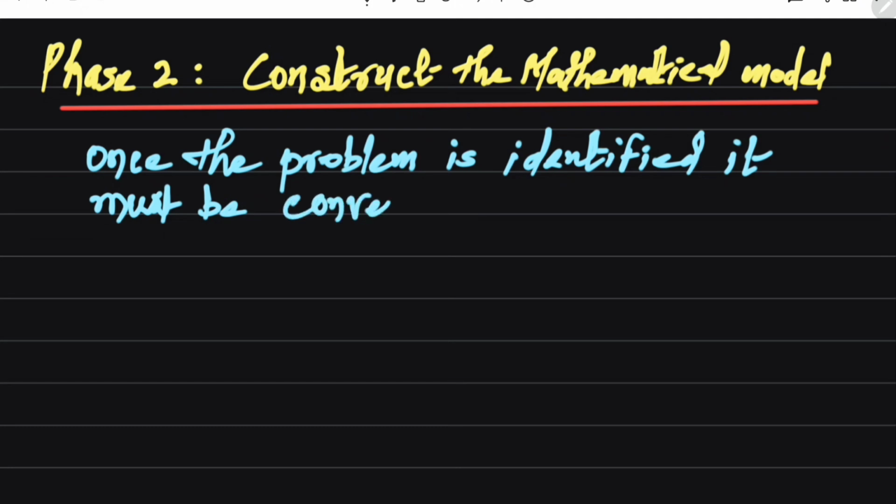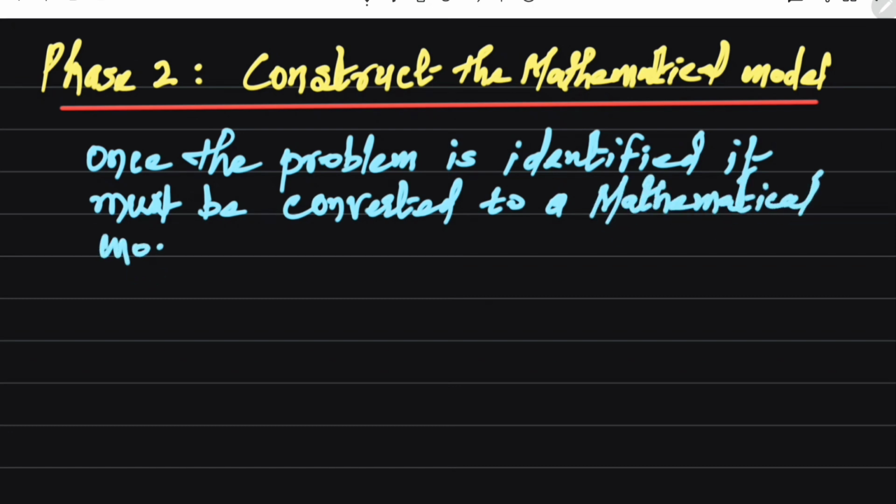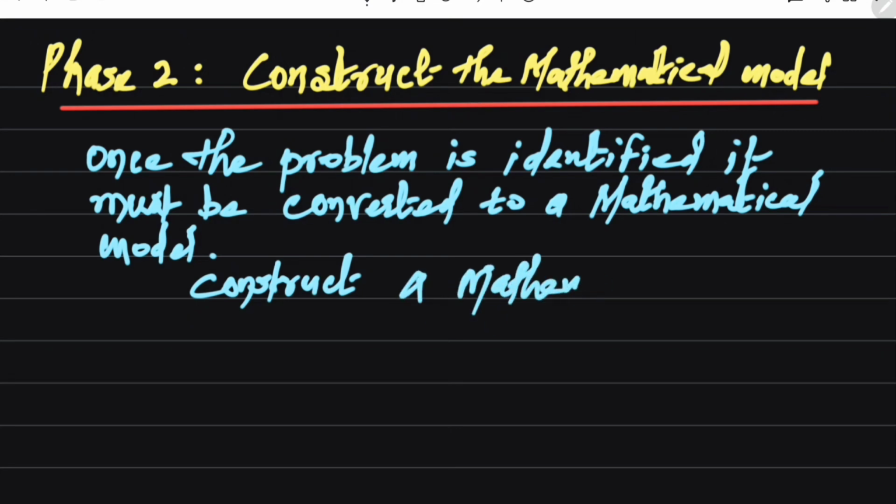Any mathematical model should include 4 points. Point number 1, decision variables and parameters.